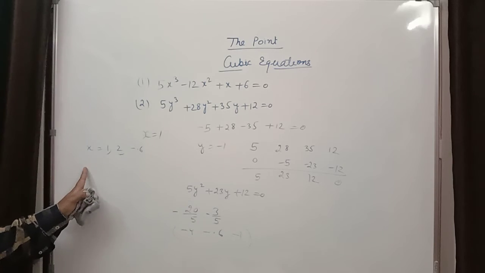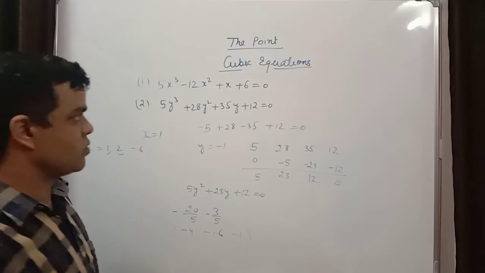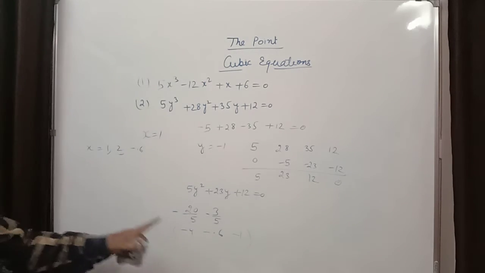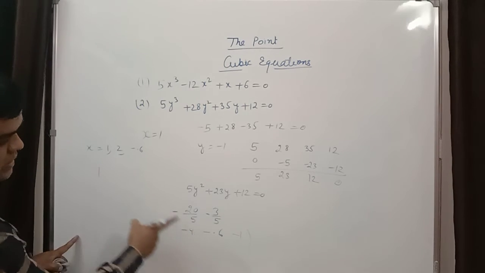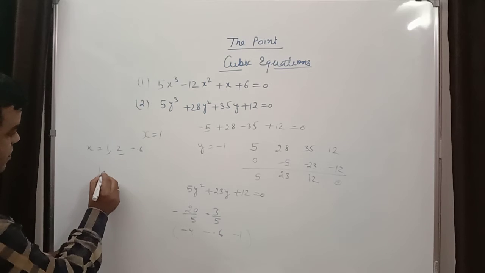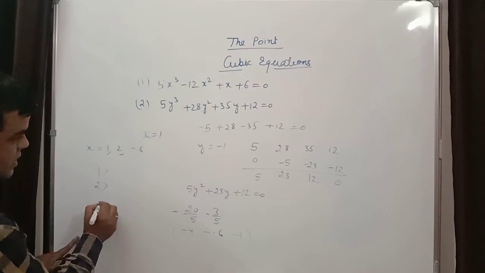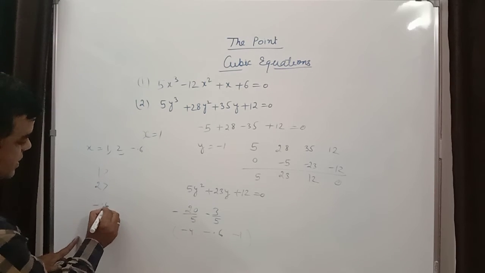Now you can compare. I will tell you again how to compare. So compare 1 with all these three. So 1 is greater than all the three. 2 is greater than all the three. Now minus 0.6 remaining.